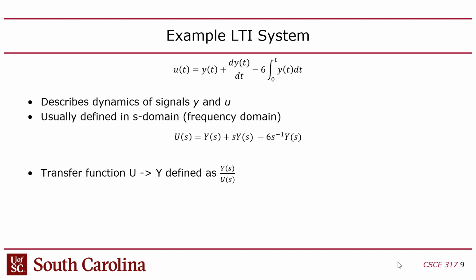So if you write the equation in a way where all of the output variables are in the numerator, and the input variables are in the denominator, so if you express it as y of s over u of s, right?